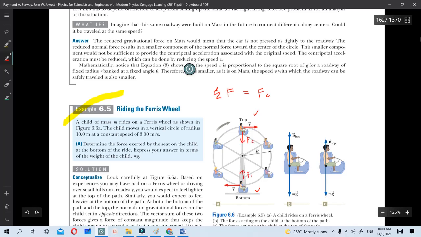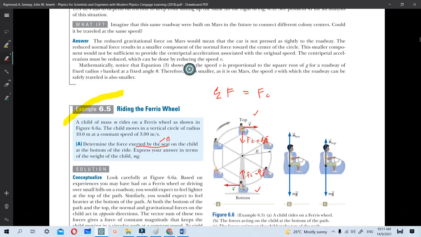Okay, as given. And this is the resultant force. Now, let's say that this child is traveling at a constant speed of 3 meter per second and a radius of 10 meter, determine the force exerted by the seat, which is actually the normal force.